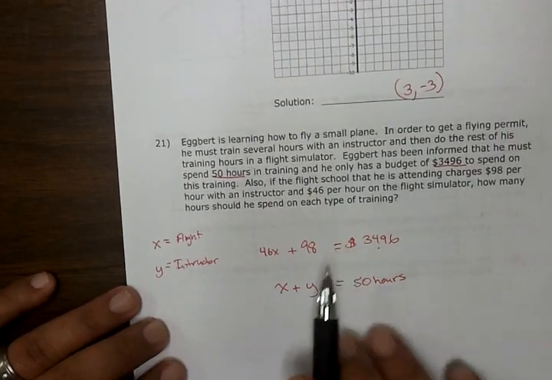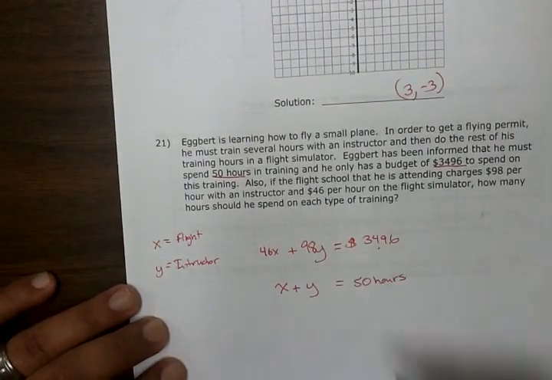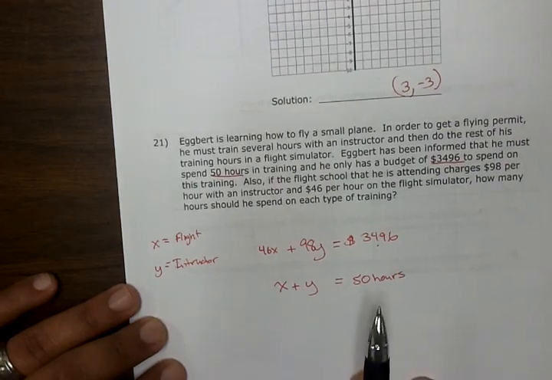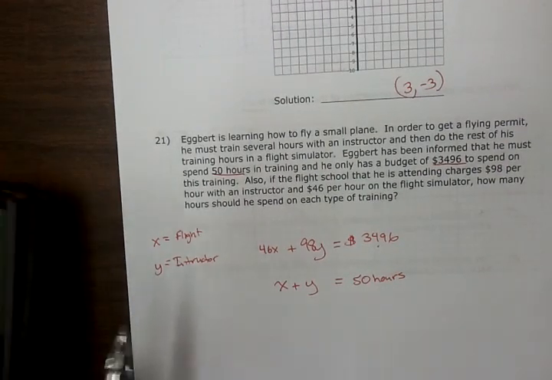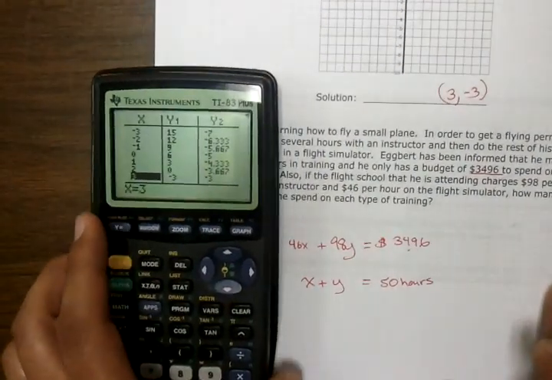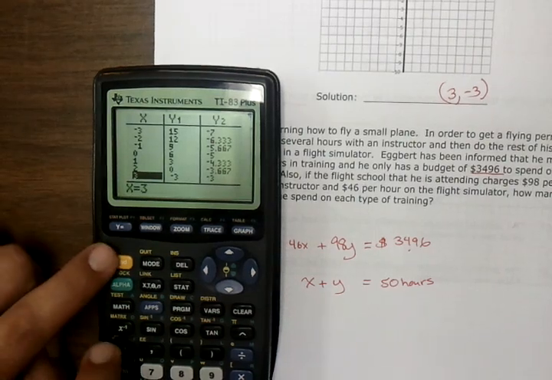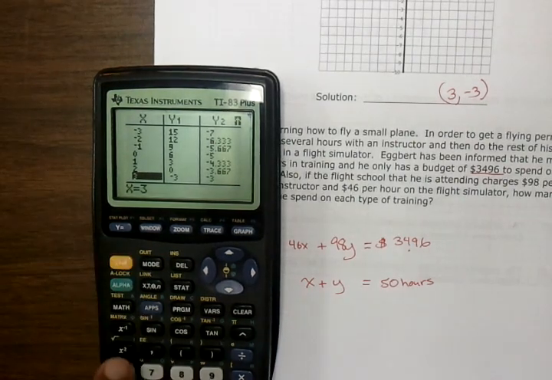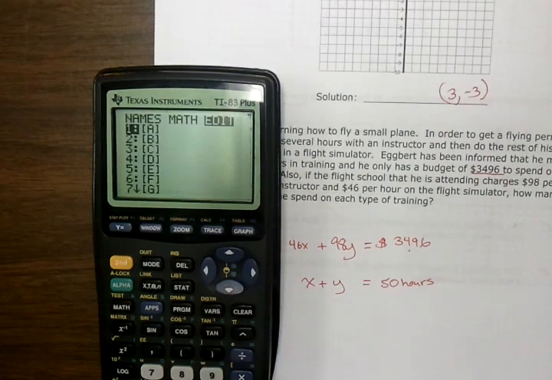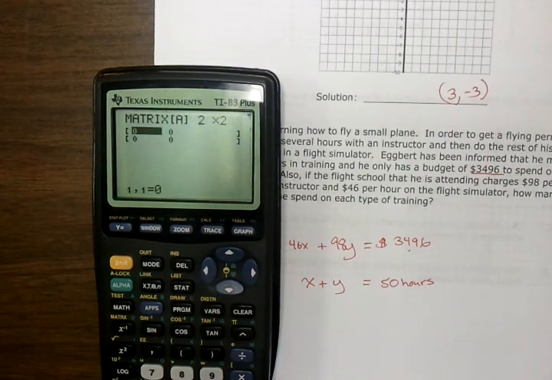Now, you notice how both of my variables are on the left-hand side of this equals. I forgot my y here. The easiest thing to do here is a matrix. And how do we do that as a matrix? It's easy. All you have to do is go into the matrix menu and input this data. You see where it says matrix, right above the x equals -1? I'm going to hit the yellow button, and then this one where it says matrix, go to the edit, matrix edit, hit enter, and you type in 2 by 2 because that's my equation.